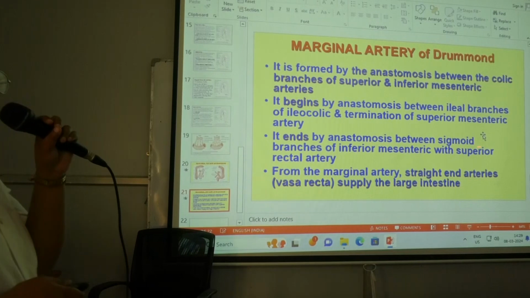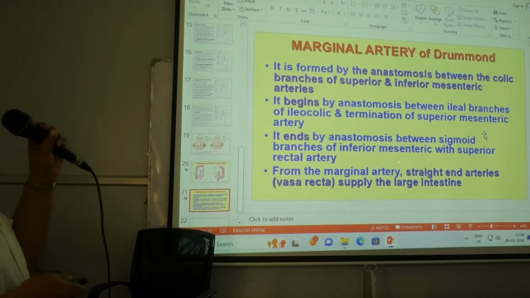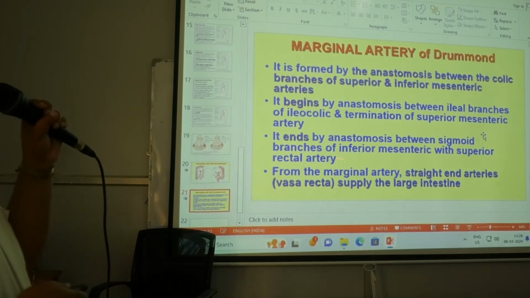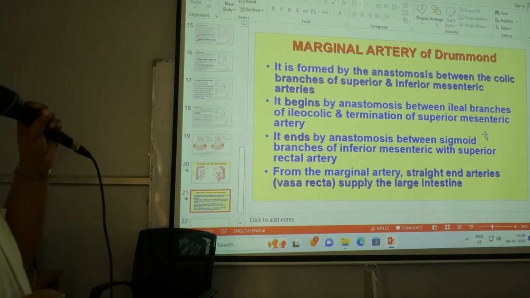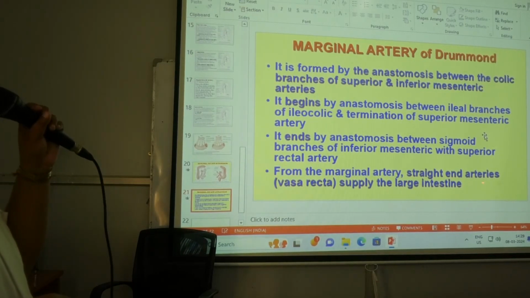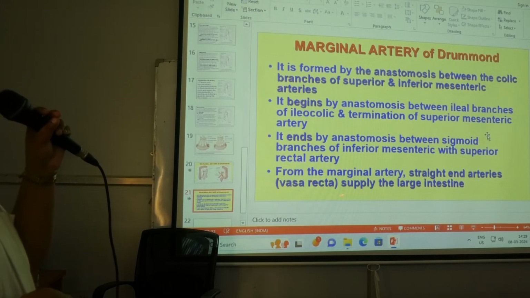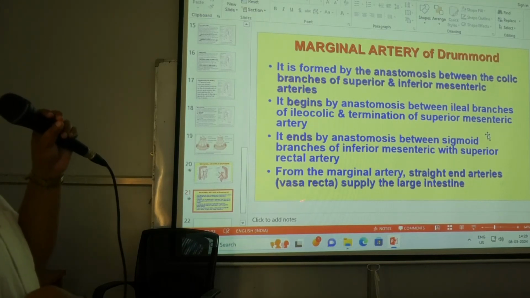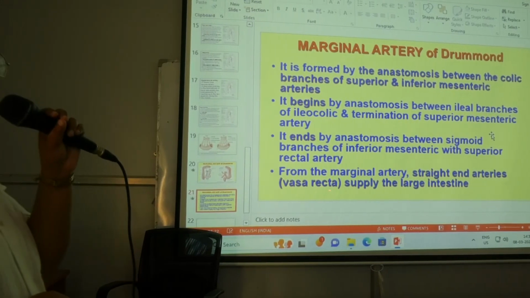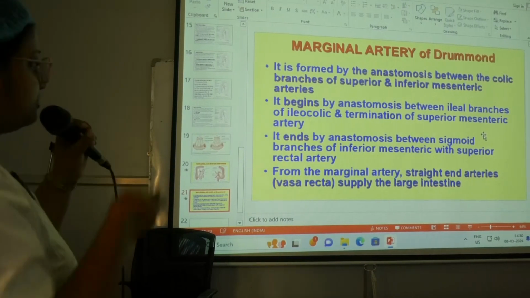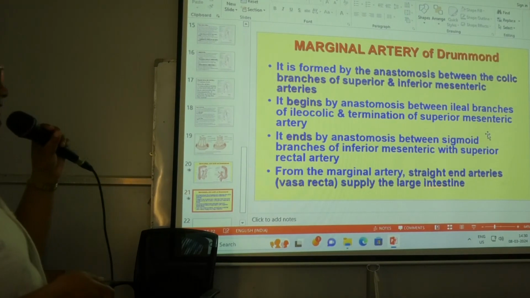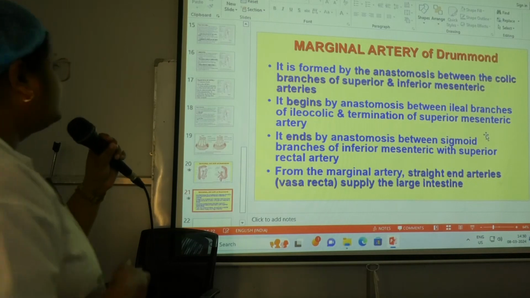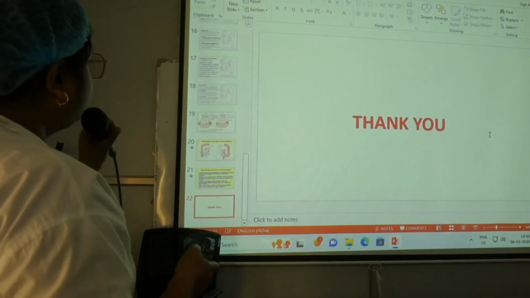It ends by anastomosis between the sigmoid branches of inferior mesenteric with the superior rectal artery. And from the marginal artery, straight end arteries known as vasa recta arise. Straight, that's why the name is recta. Recta means straight. So vasa recta supply the large intestine. Next. Okay, that's all.